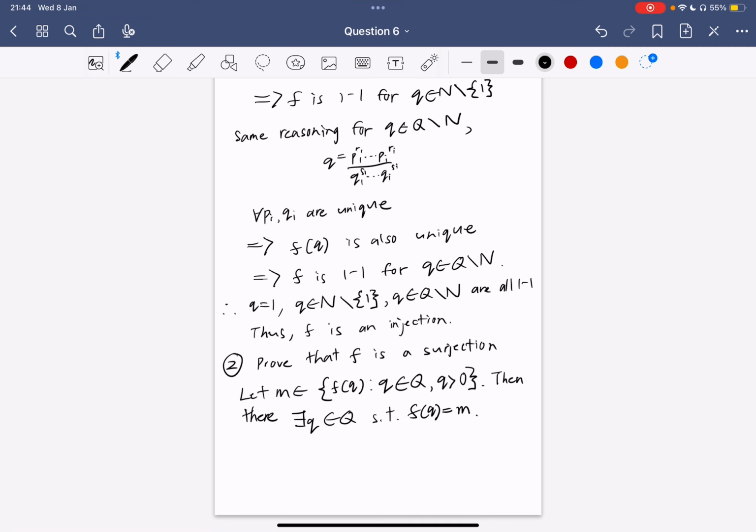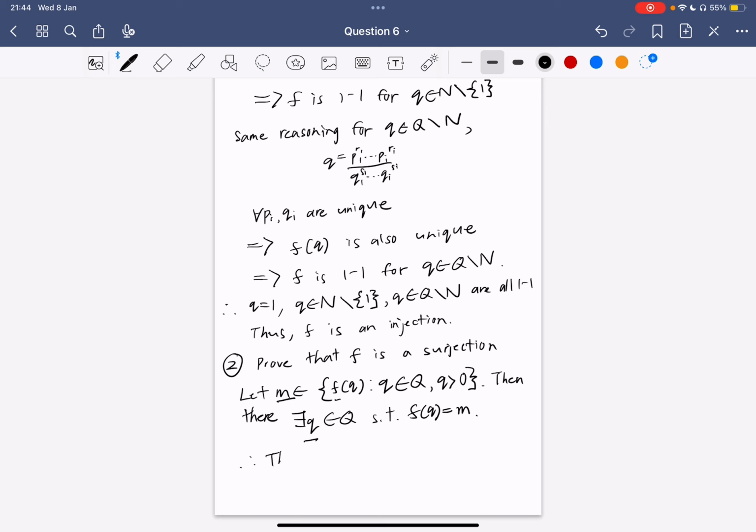So for any arbitrary value m in the image of f, there would exist some value q such that f of q would equal m.